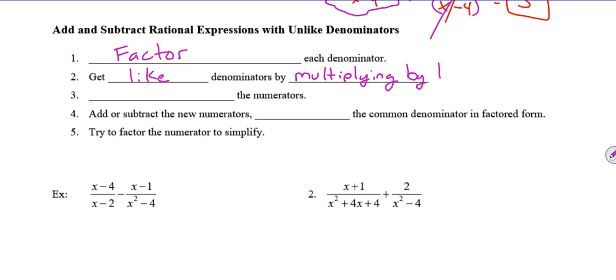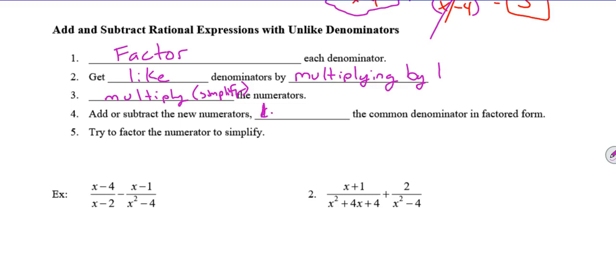Then we're going to multiply the numerators, or simplify the numerators. Then we'll add and subtract the new numerators.